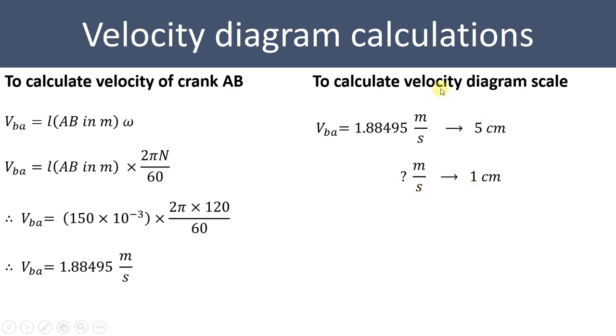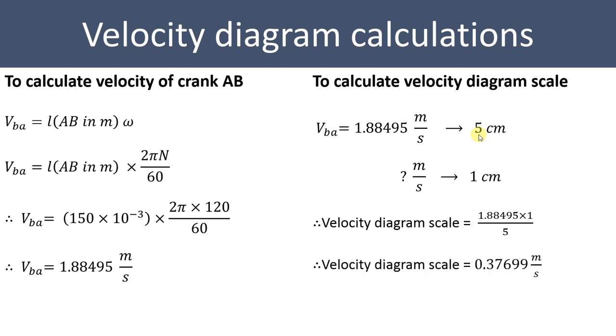That is known as the velocity diagram scale. So it will be 1.88495 into 1 divided by 5, and it comes out to be 0.37699 meter per second. So we can say that 1 centimeter on our sketchbook will represent 0.37699 meter per second.